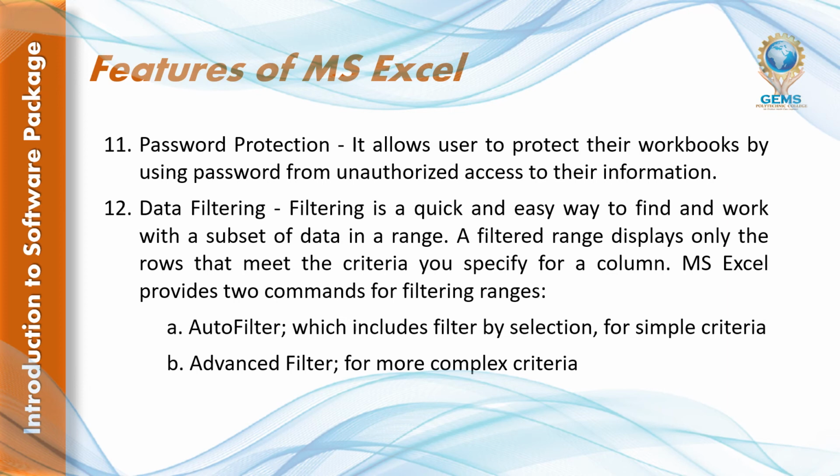Data filtering is a quick and easy way to find and work with a subset of data in a range in Microsoft Excel. The filtered range displays only the rows that meet the criteria you specify for a column.